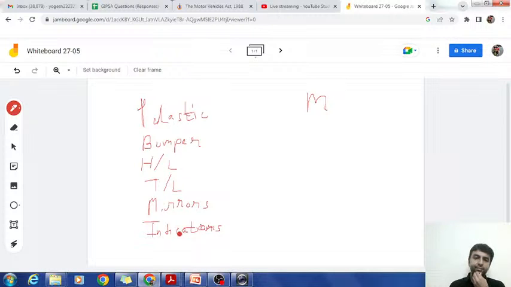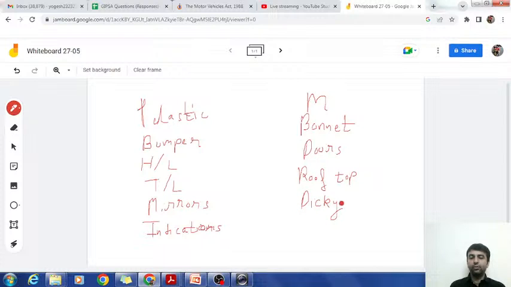If it comes to my mind, I will write. My metal will be bonnet or the hood, doors, rooftop, dicky, or we also call it deck lid or tailgate. So these are generally the metal parts which are asked in exams, and these are generally the plastic parts which are asked in exams.